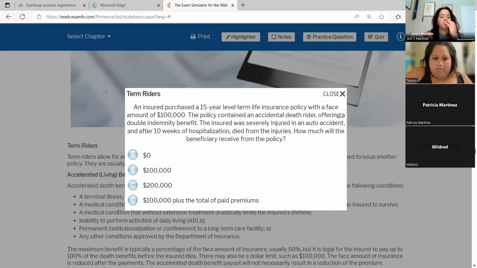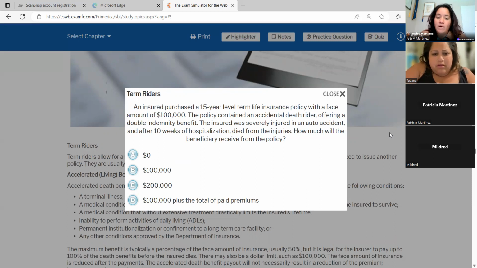Okay, an insured purchased a 15-year level term life insurance policy with a face amount of 100,000. The policy contained an accidental death rider, offering a double indemnity. The insured was severely injured in an auto accident and after 10 weeks of hospitalization, died from the injuries. How much will the beneficiary receive from the policy?